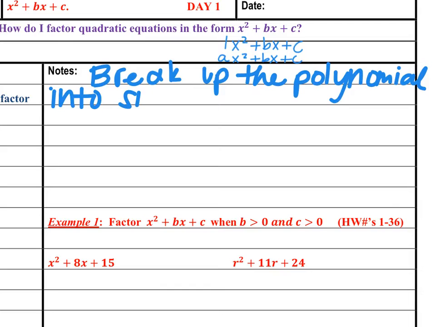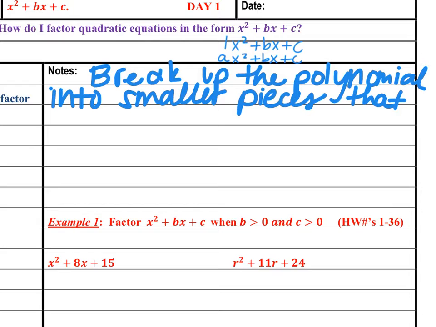Into smaller pieces that obviously need to multiply back to get you the original polynomial.